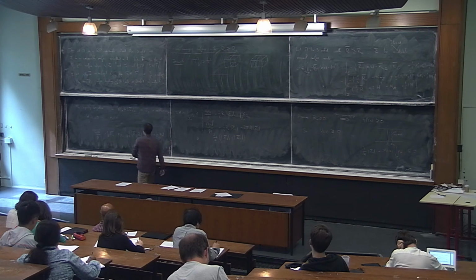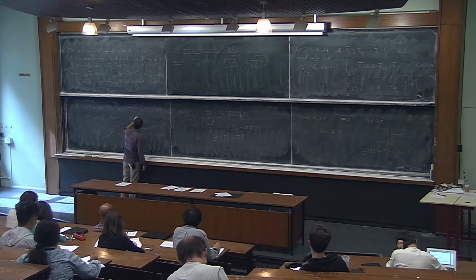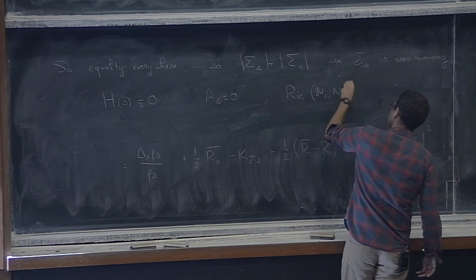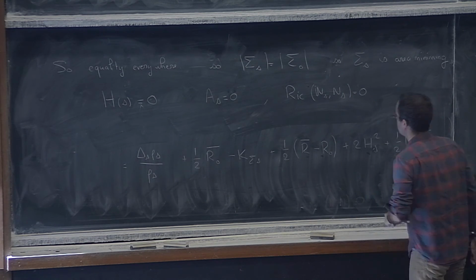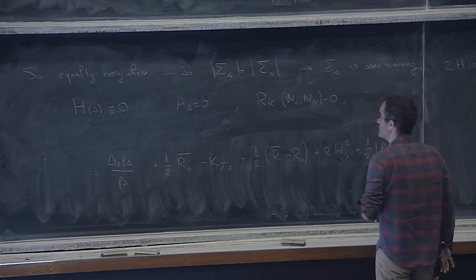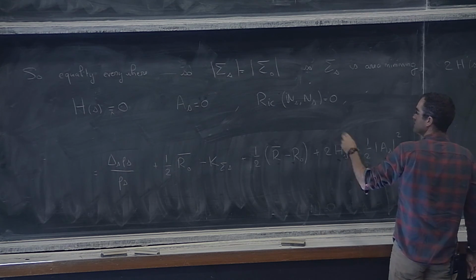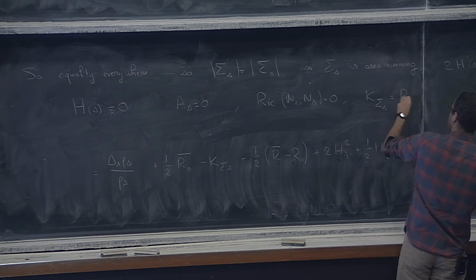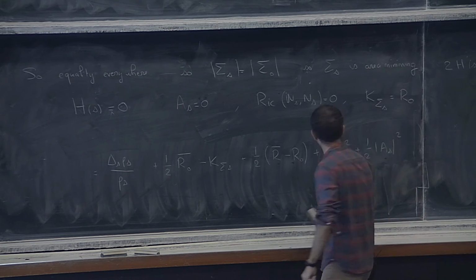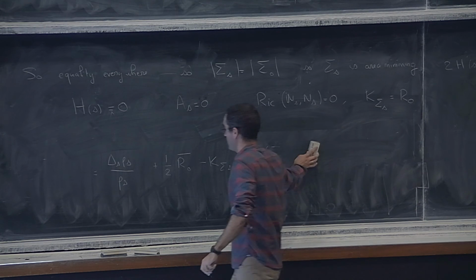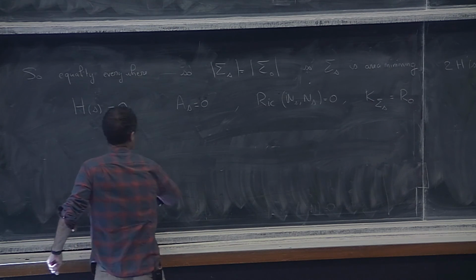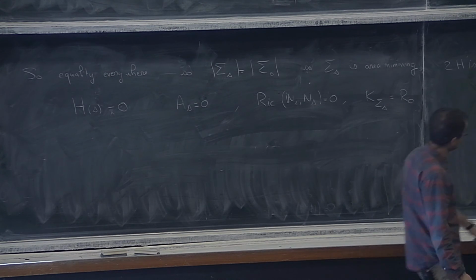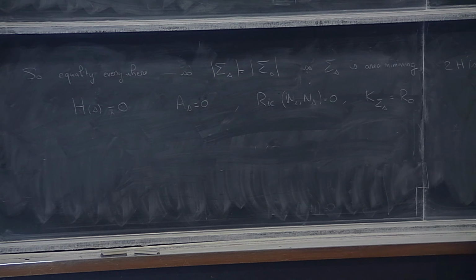It tells you Ricci of N of S is equal to 0. You also get that the sectional curvature of sigma sub S is equal to R0. One thing that you also get because of the equality everywhere is that this term has to vanish.